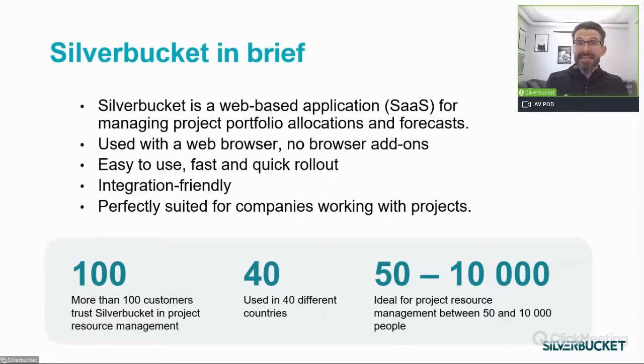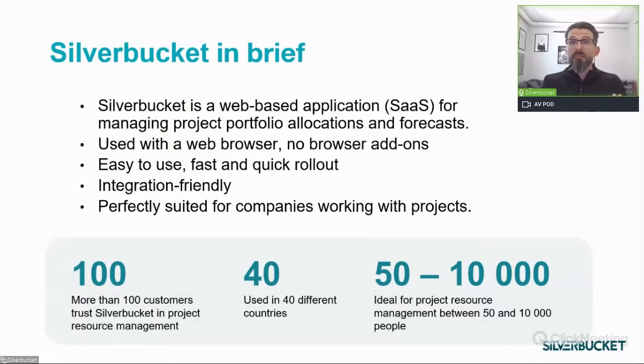Silverbucket is delivered as a standard service, meaning it's extremely fast and easy to take in use. So no time-consuming implementation projects are required. It's simply deployed as is, and after that, some initial data is uploaded to the system and configured according to the customer's needs. And then it's really ready to go. There are actually two possible configuration options.